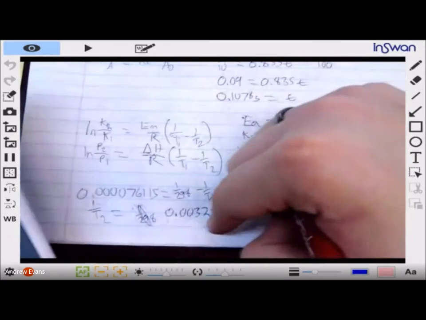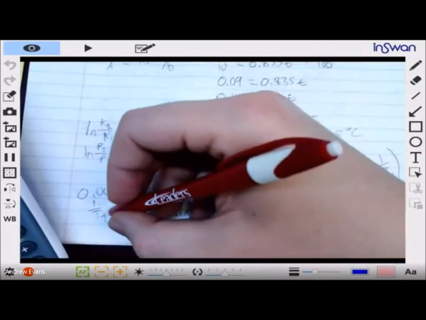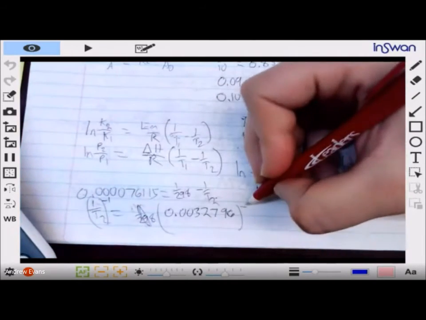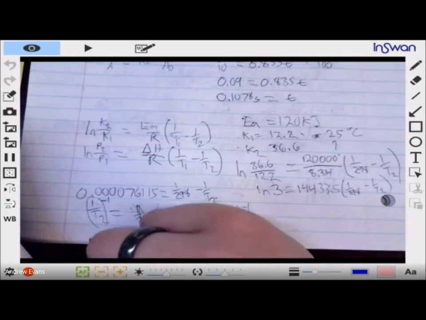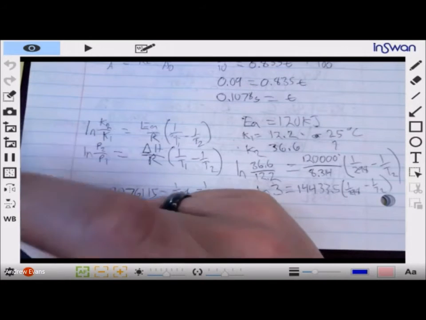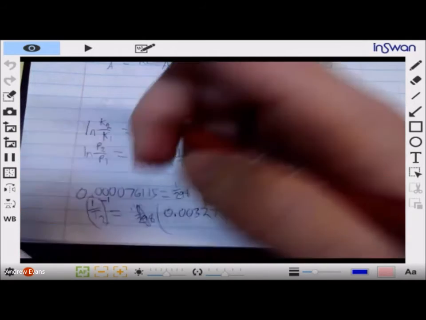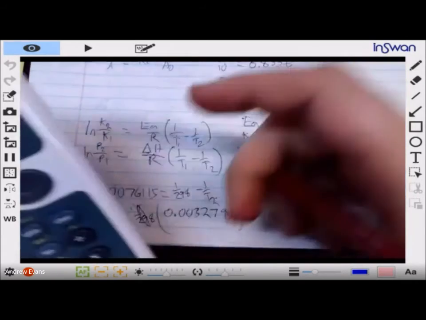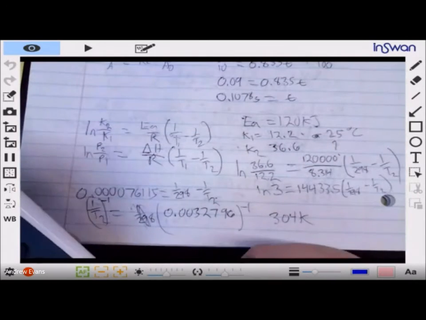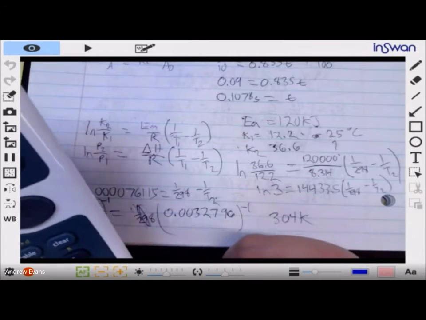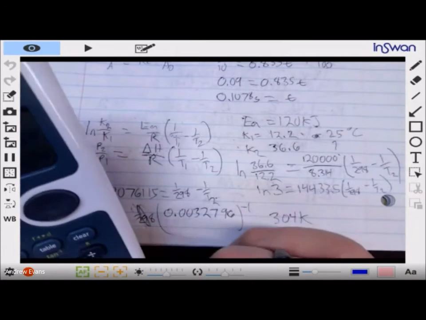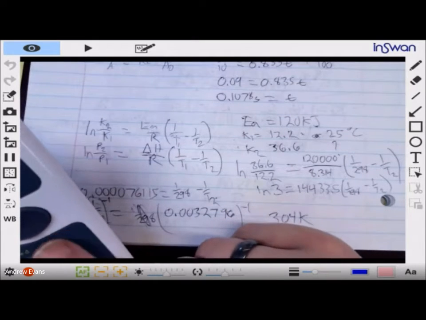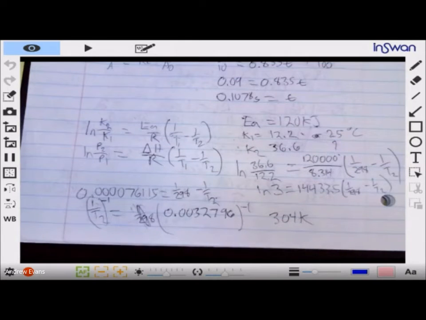Since this is 1 over T2, I can invert this, take that to the negative first power, and that gets us our answer in Kelvin. So the temperature would have to be 304 Kelvin to triple the rate constant. We've gone up by 6.9 degrees under this situation to triple it.